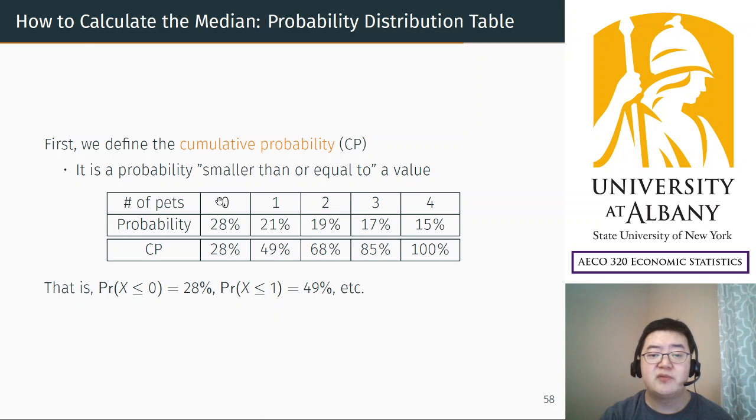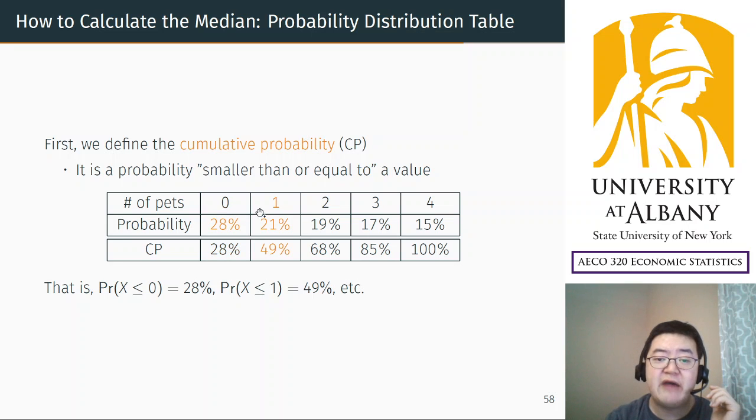So from the probability distribution table, the cumulative probability is calculated this way. As the value increases from 0 to 1 to 2, 3, 4, the cumulative probability must increase too, because you accumulate more. So when you choose 0, the probability smaller than or equal to 0 is only 28% because there is only one outcome satisfying this condition.